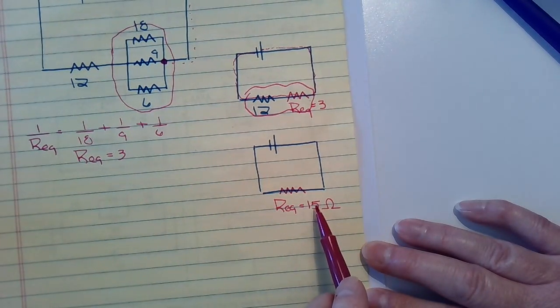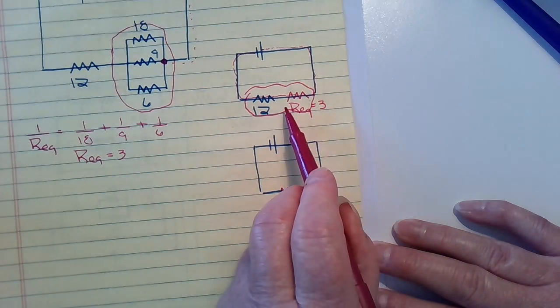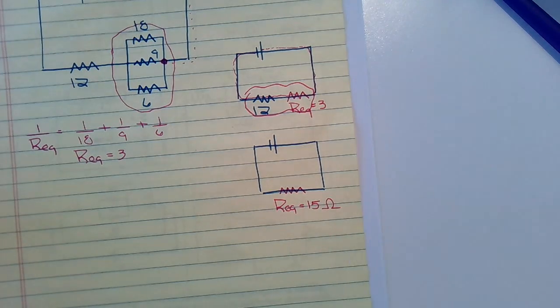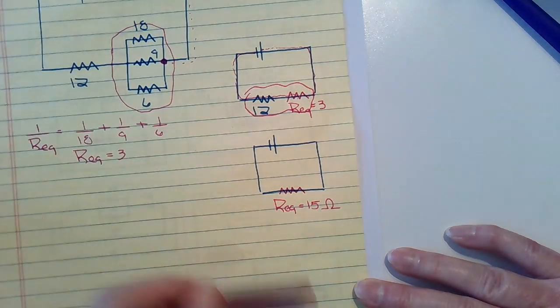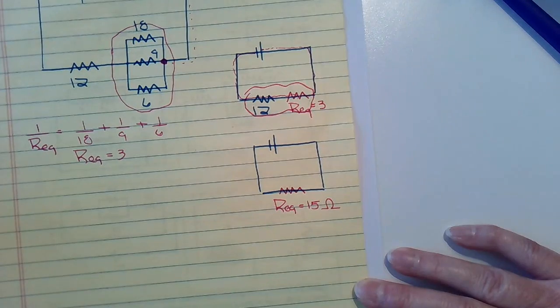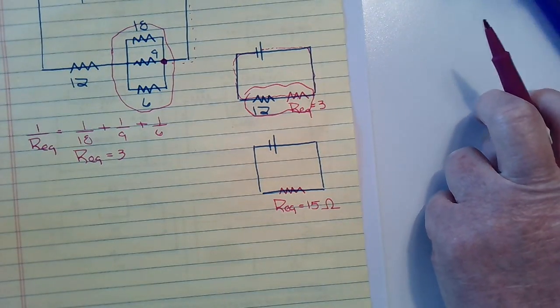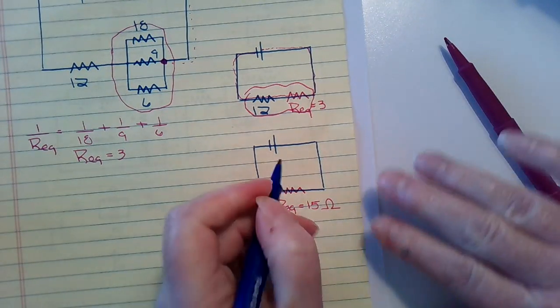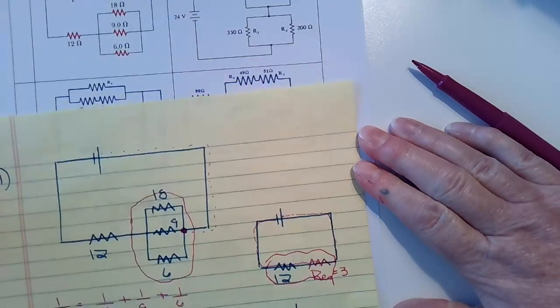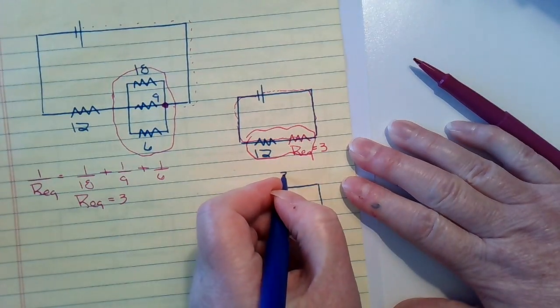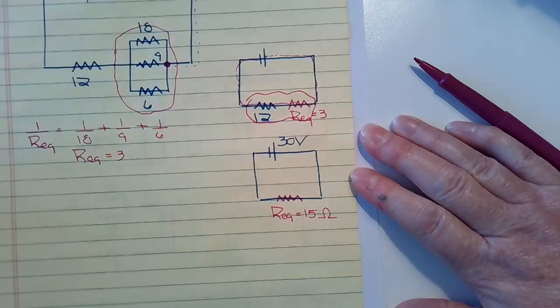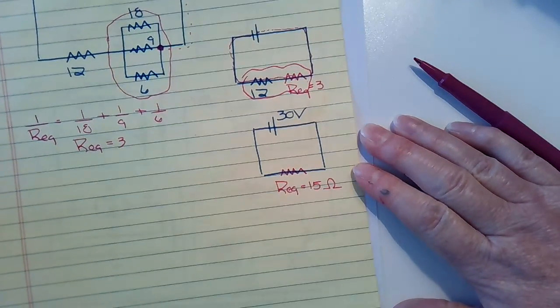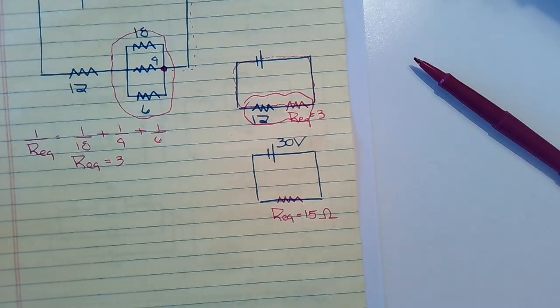This 15 stands for whatever you circled in the previous picture. How do you know when you're done and you don't have to draw any more pictures? You are always done when you have one battery, and our battery is what? 30 volts. I'll write down 30 volts. And one REQ. One battery and one REQ.